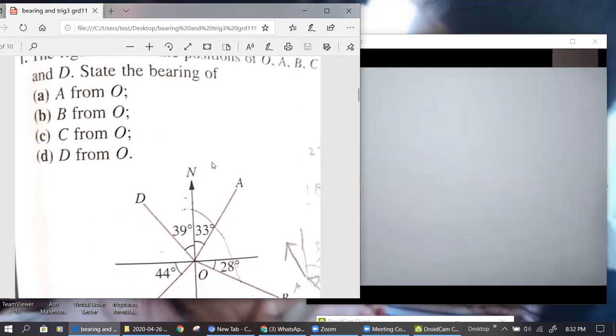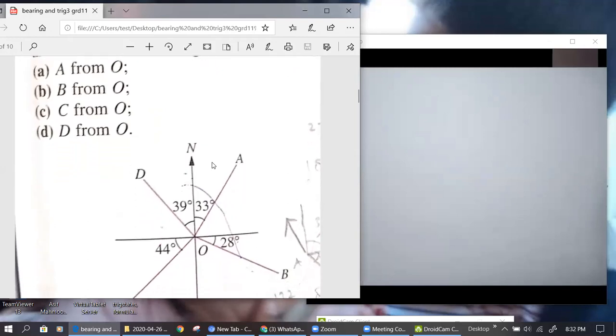Now see, this question is given, the figure is this. Some of the lines are given, and I will make this one clearly for you.